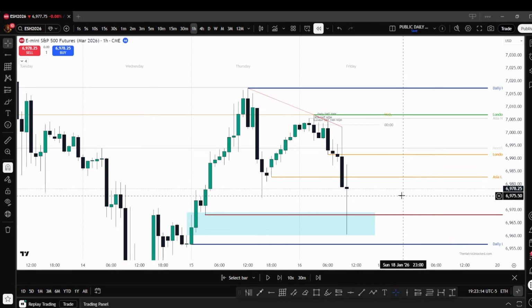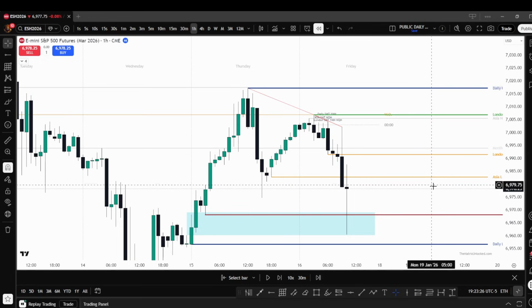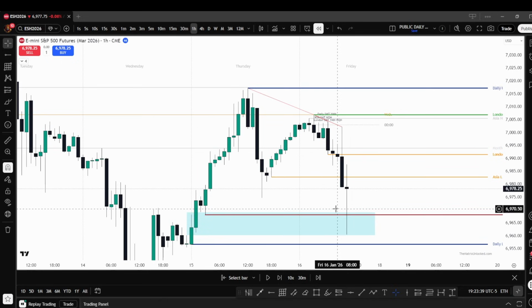Just before I do that, why is this a high probability drawing liquidity, and why is this a high probability point of interest? Well, during New York AM, what we refer back to is London highs and lows, and we also refer back to Asia highs and lows.